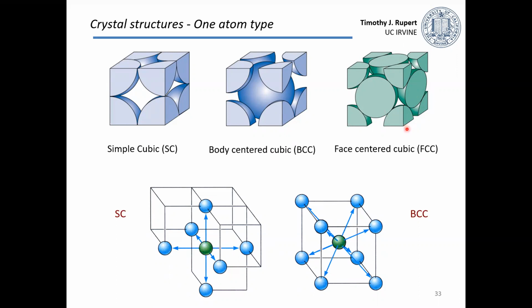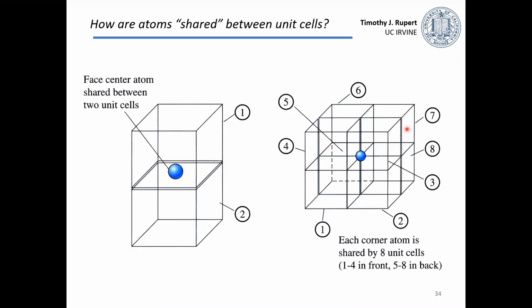One thing we might need to think about is how many atoms are shared between these different unit cells. The way to think about this is if we have our cube and an atom is fully inside of it, it's fully contained within that unit cell. But if it's shared between two different cells, we need to split its contribution.